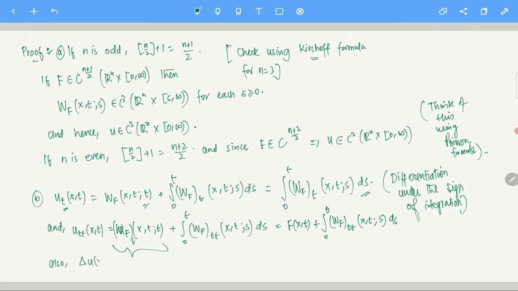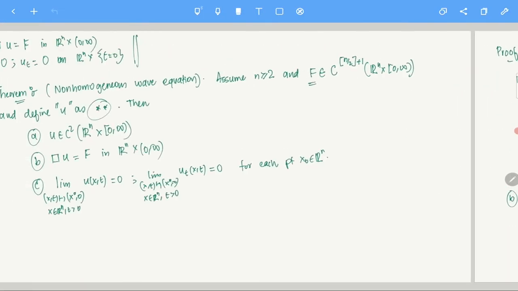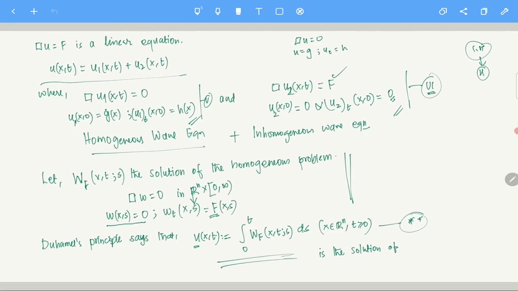Also the Laplacian of u(x,t), what is it? This is nothing but the integral from 0 to t of the Laplacian of w_f(x,t;s) ds, right? Why? Because this integral is with respect to the time variable and I am doing the differentiation with respect to the spatial variable, so I can just take it inside. And see, u is this, right?